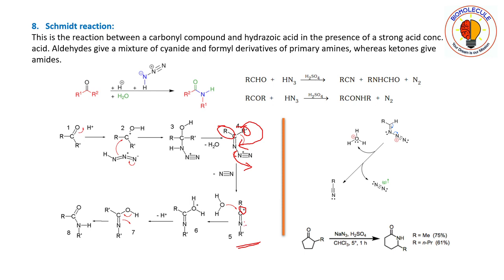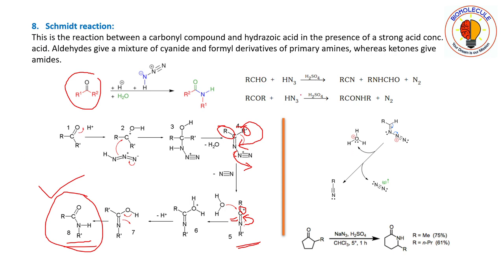Now this nitrogen has a lone pair of electrons, so it can neutralize this carbocation just as you have seen in the Beckmann rearrangement. Now this carbocation can be attacked by a water molecule and thus after tautomerization you will get this amide, that is an N-substituted amide. So from a ketone you are getting an N-substituted amide.